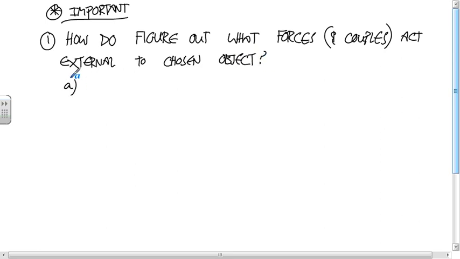Well, first, there are going to be body forces. The most common one, the one that you'll pretty much always have to deal with, is gravity, weight. But then in some cases, you might be talking about electric or magnetic fields.